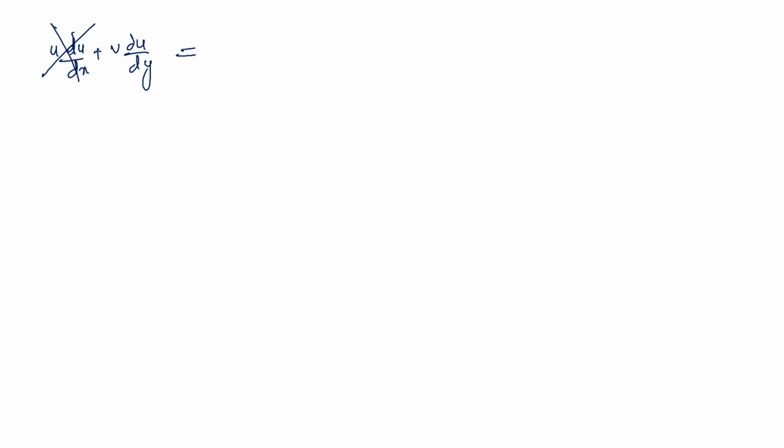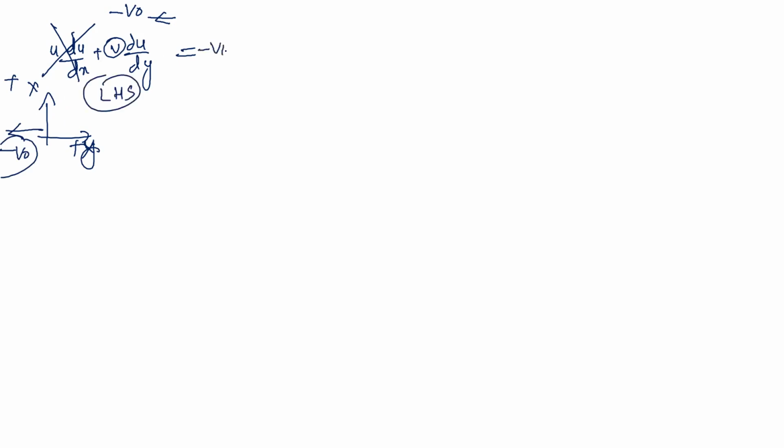So V dou u by dou y. What is V? It is a suction velocity. Since this is suction, we will denote it as minus VO. Why are we denoting it as minus VO? Because we have assumed x in this direction and y in this direction, so this is plus y, plus x, and the velocity will be in this direction, minus VO. So that LHS term comes to be minus VO into du by dy.